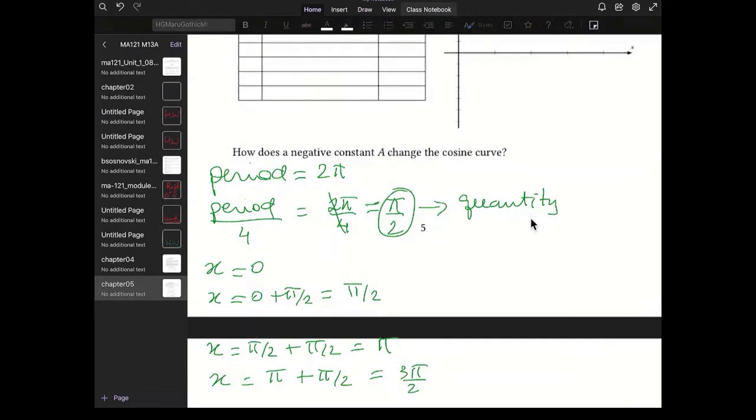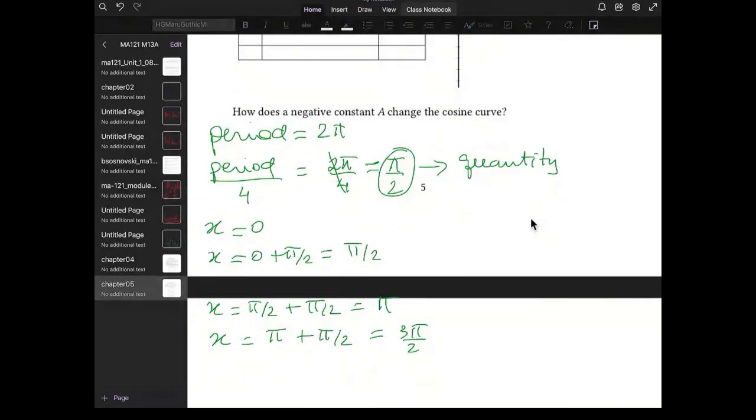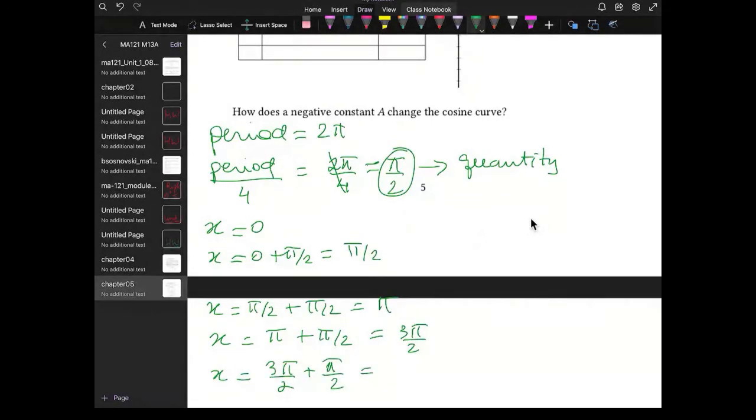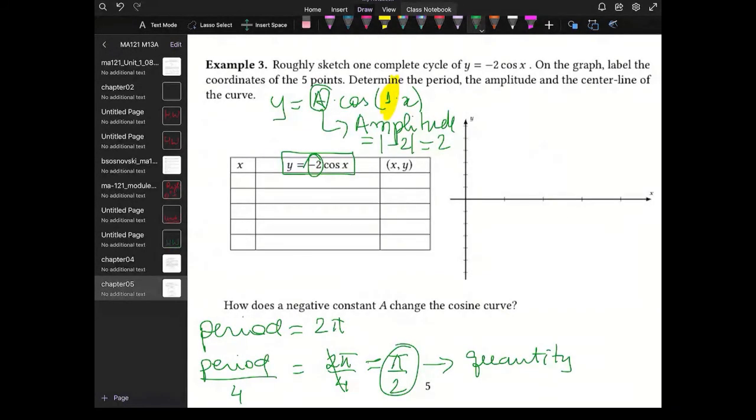And finally, the last one here for this particular function, you have right now 3 pi over 2, and add the quantity, pi over 2, so you get 4 pi over 2, which is 2 pi. So again, it's going to be the 5 values: 0, pi over 2, pi, 3 pi over 2, and 2 pi.